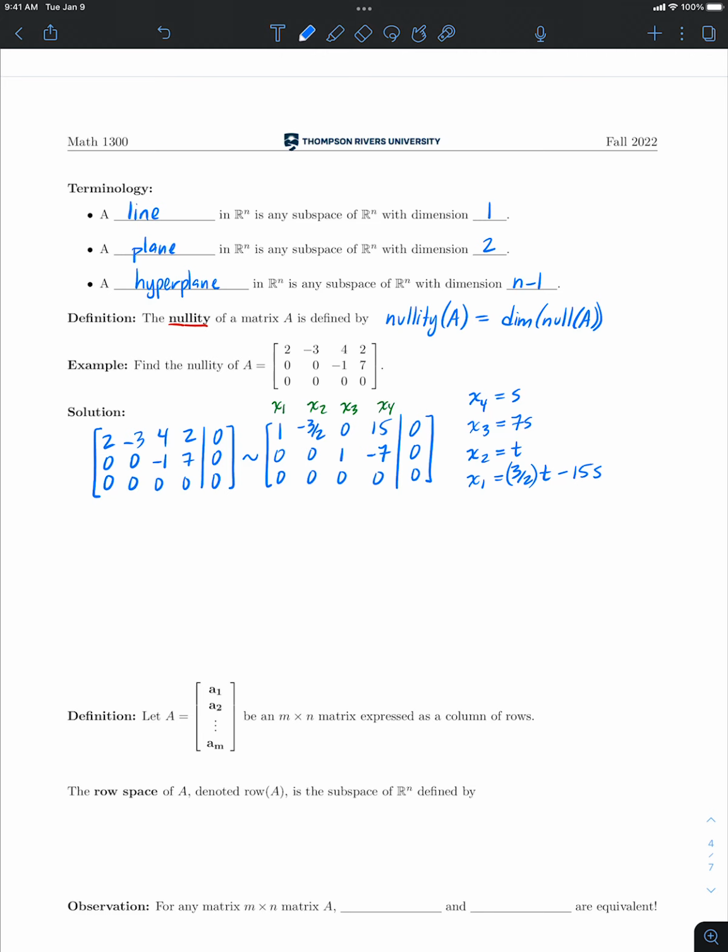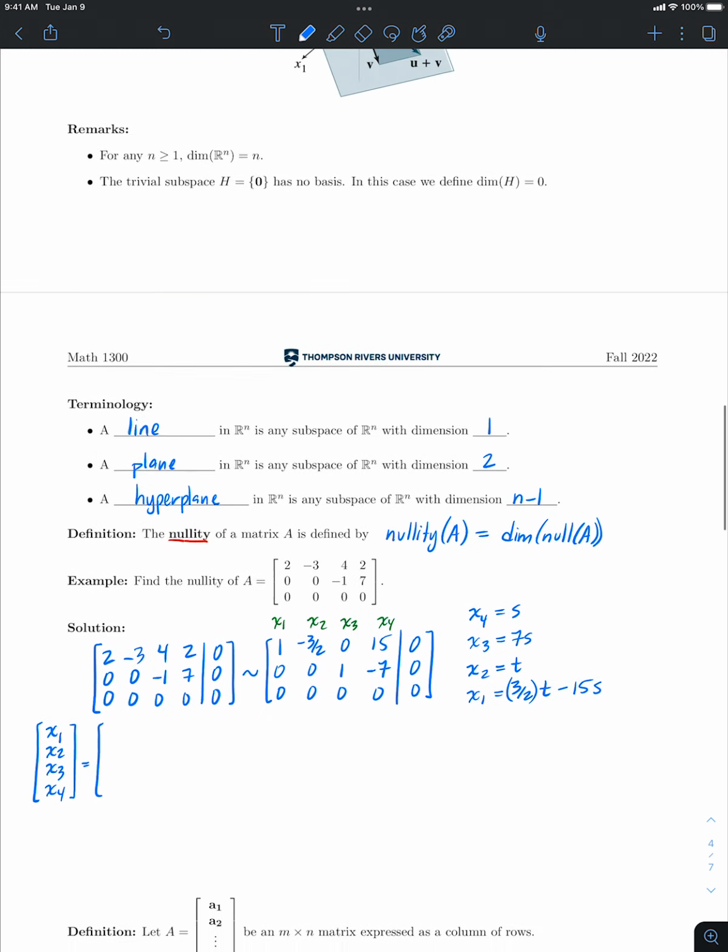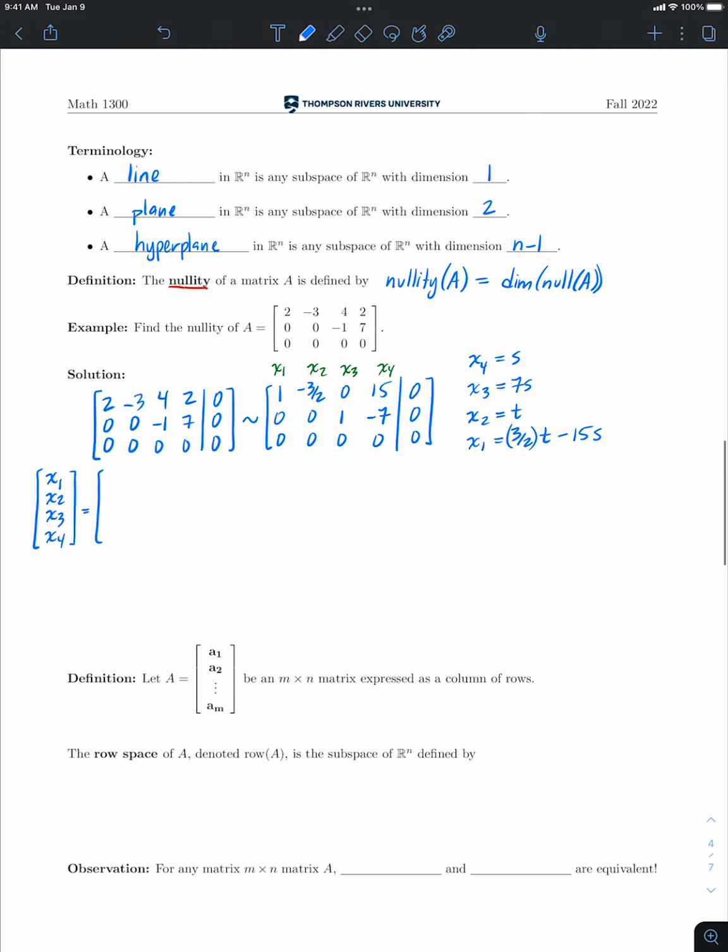So let's put it together into column form, like we typically do. So x1, x2, x3, x4 is equal to what? So we'll have 3/2 t minus 15s for x1. Then we've got t for x2, 7s for x3, and s for x4.